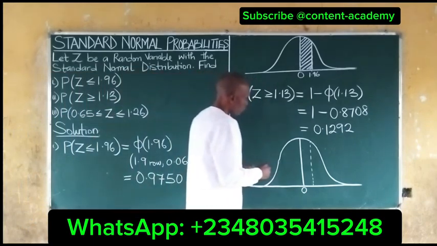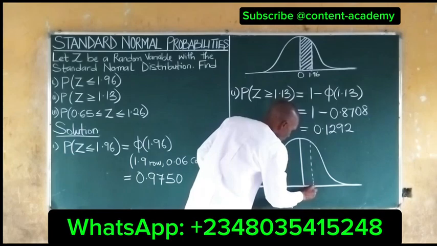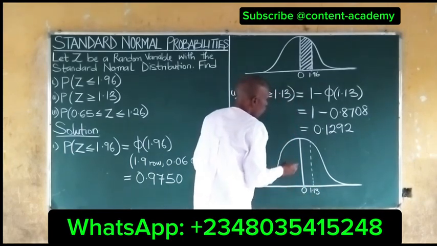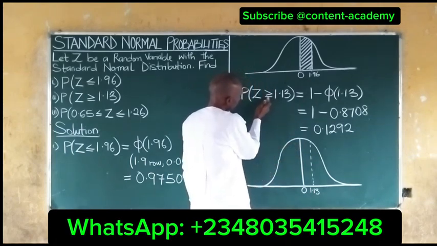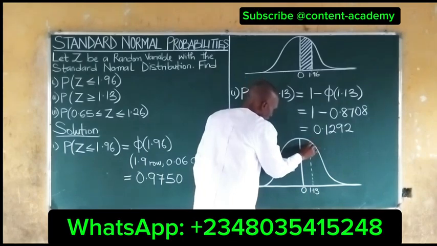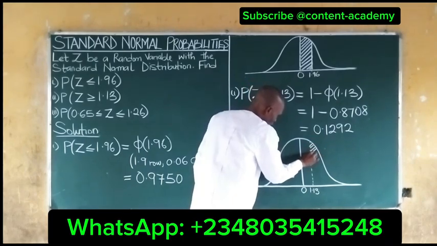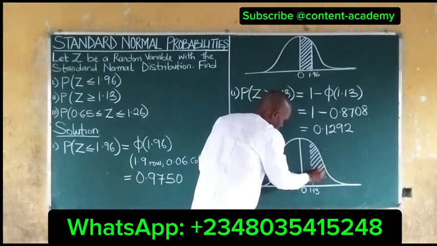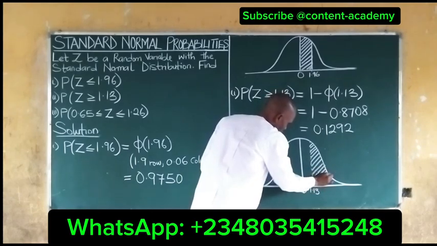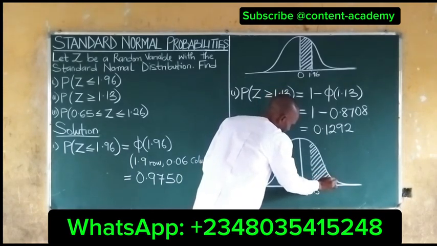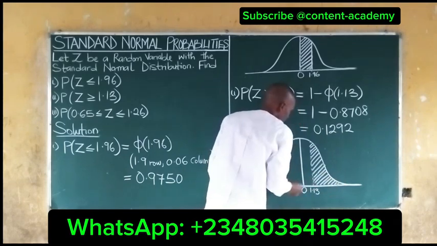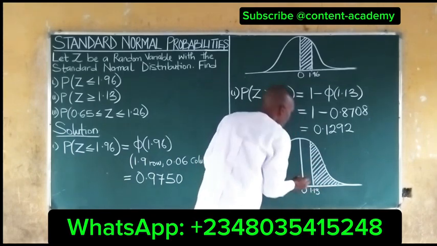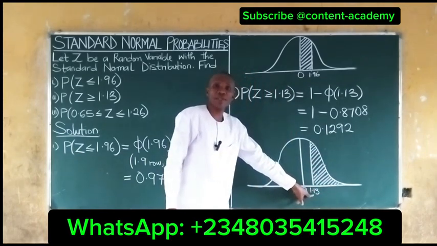So our 1.13 can be here. All we need to do is to now shade, because of this greater than or equal to, our shaded portion will be this part. So this is how we can compute the standard normal curve for 1.13.